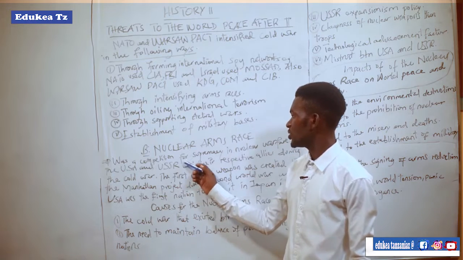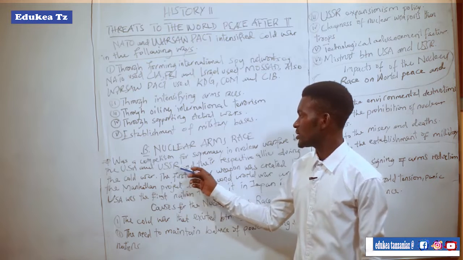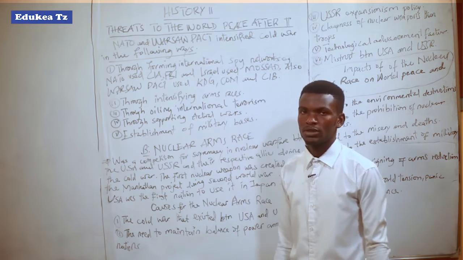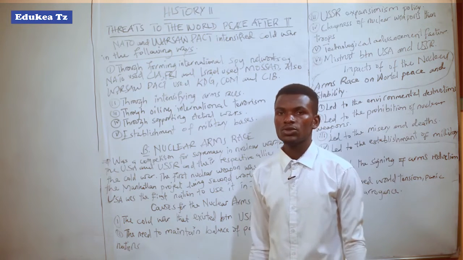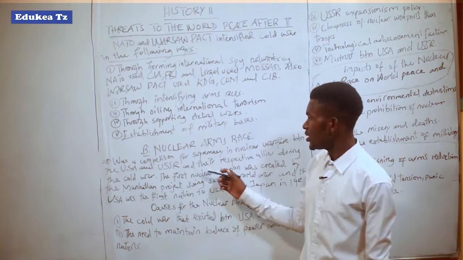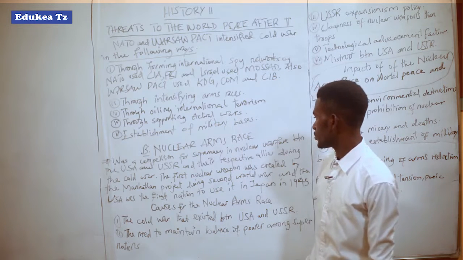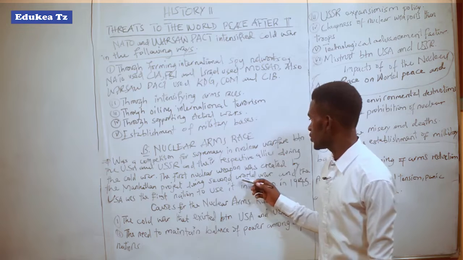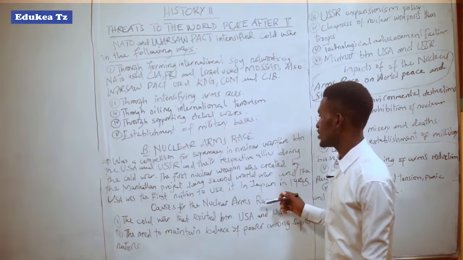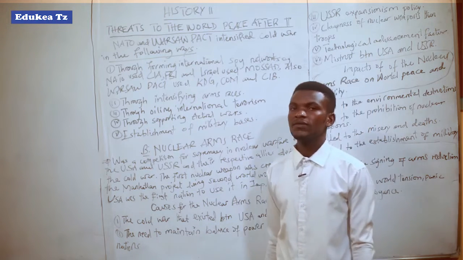It was the competition for supremacy in nuclear warfare between the USA and the USSR and their respective allies during the Cold War. The first nuclear weapon was created by the Manhattan Project during the Second World War, and the USA was the first nation to use it, in Japan in 1945.